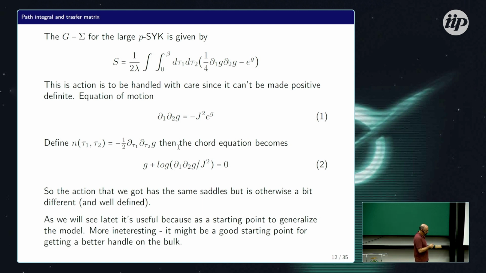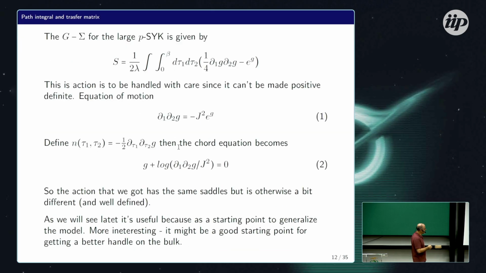However, again, this is not a completely well-defined action. It's solved by expanding either saddle point or expanding e to the g and choosing a specific propagator which turns it into chords, which means you have supplemented it by some kind of contour prescription, which is not completely well understood, but you're back to chords basically.